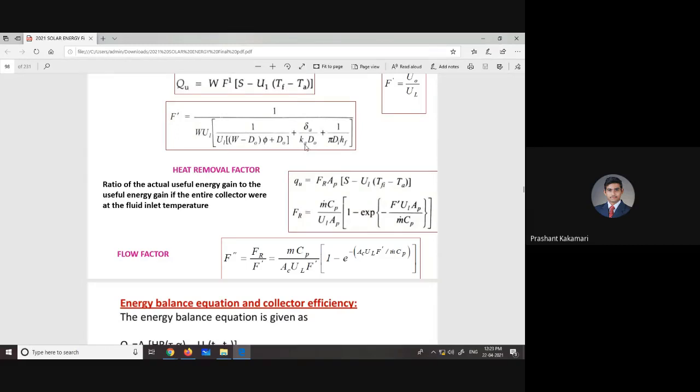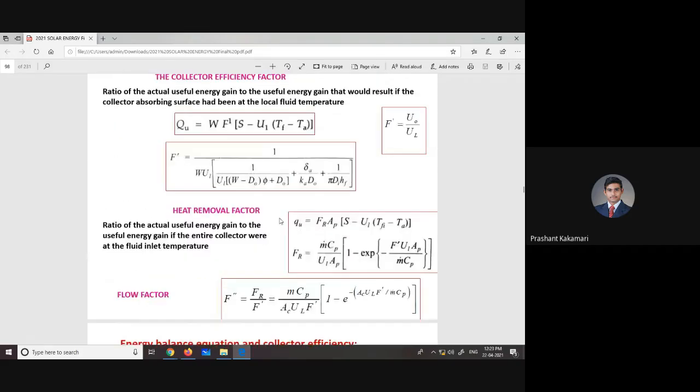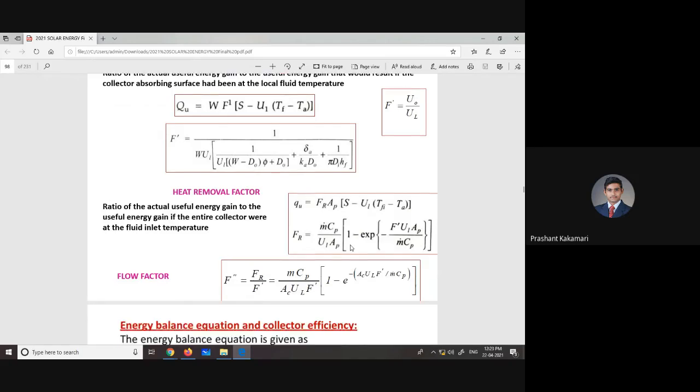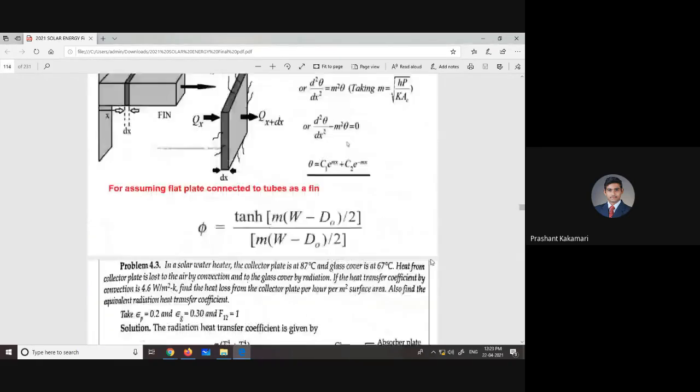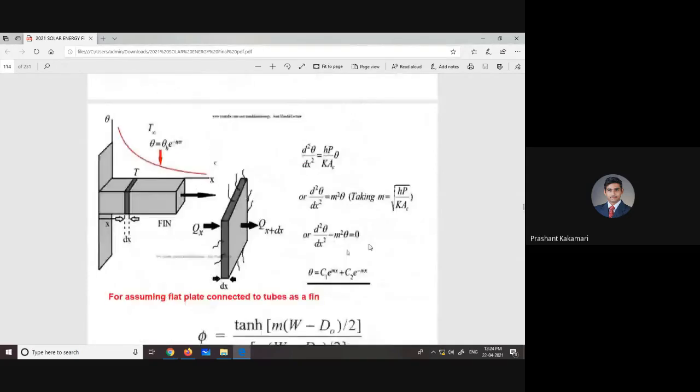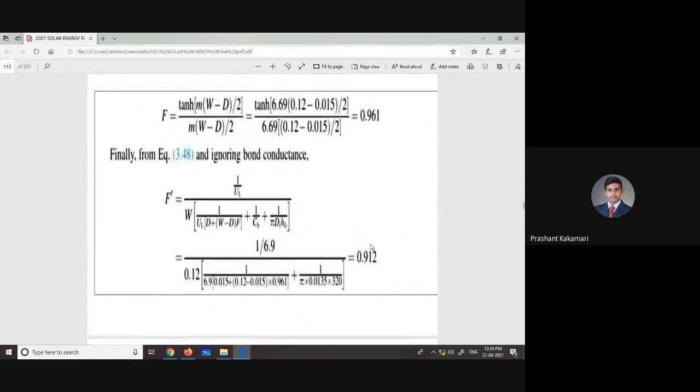So those adhesive or bond material values are neglected, and the entire middle term is neglected here. Here you can see the phi value is given, the efficiency of the fin. Hf is the convective heat transfer coefficient of the given material with the atmosphere. Like this, the values are substituted and the results found. Have you understood the procedure?